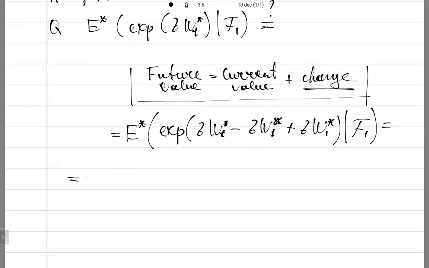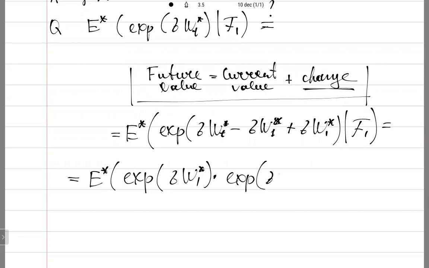And basically this I represent as a product of two exponents, Wt star minus W1 star, and everything given F1.